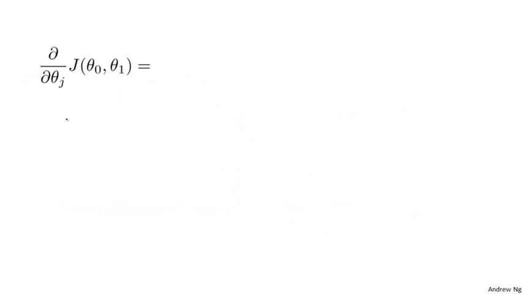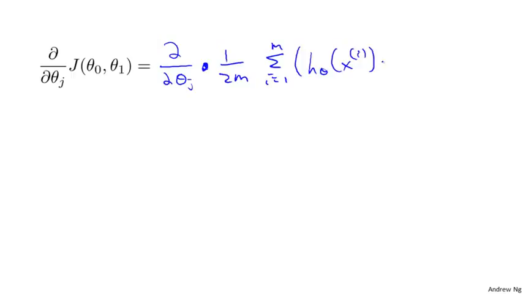So you need to figure out what this partial derivative term is. Plugging in the definition of the cost function J, this turns out to be the sum from i equals 1 through m of this squared error cost function term. All I did here was plug in the definition of the cost function.